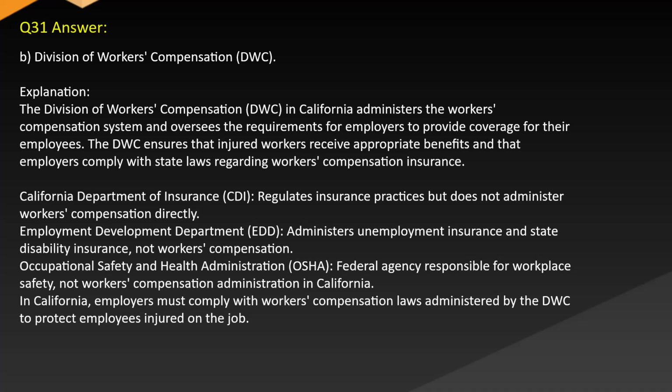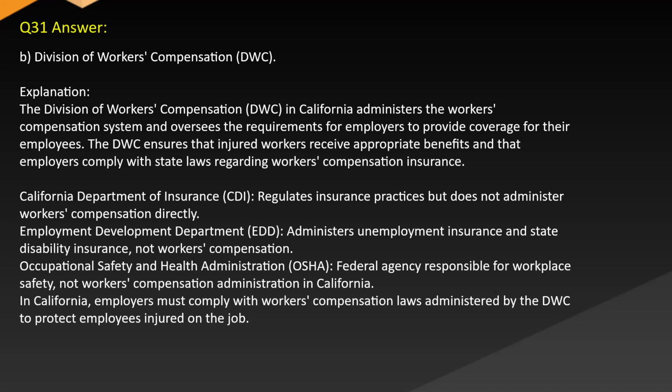Answer: B. Division of Workers' Compensation, DWC. Explanation: the Division of Workers' Compensation in California administers the workers' compensation system and oversees the requirements for employers to provide coverage for their employees. The DWC ensures that injured workers receive appropriate benefits and that employers comply with state laws regarding workers' compensation insurance. California Department of Insurance, CDI, regulates insurance practices but does not administer workers' compensation directly.